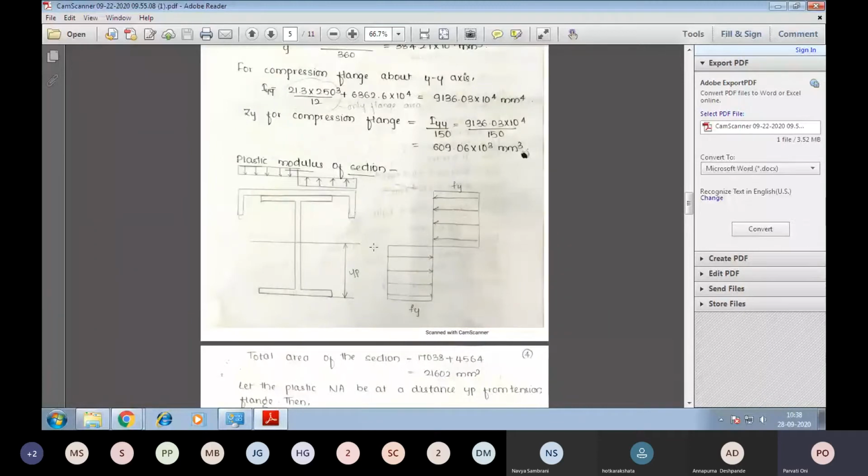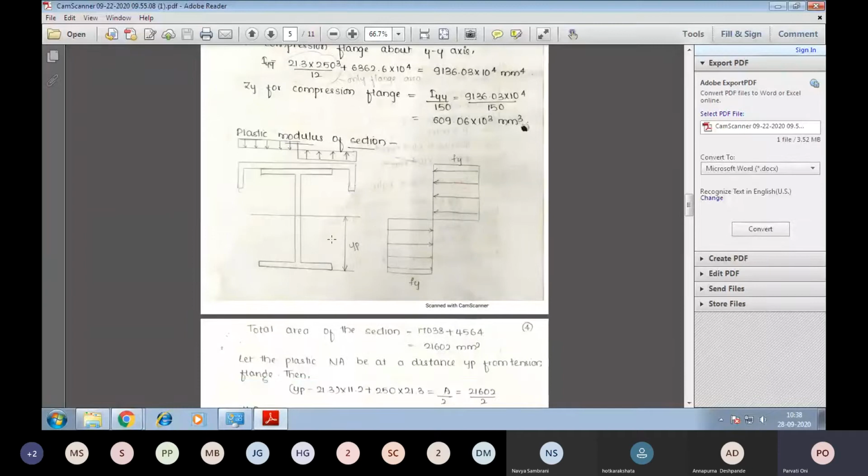So the plastic moment will be equal to the summation of moment of this section and the summation of moment of this section with respect to the plastic neutral axis. I will repeat once again. The plastic moment will be equal to the moment of this web section with respect to NA plus the moment of this flange section with respect to NA.